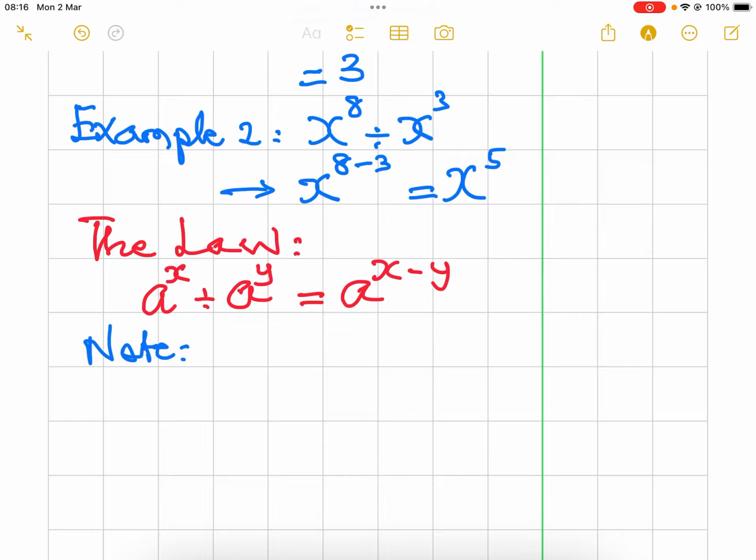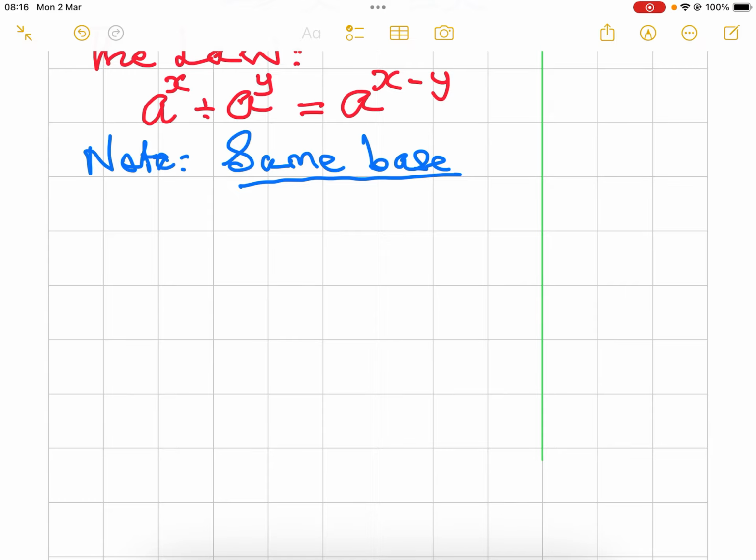When dividing powers with the same base, subtract the indices. Note, same base.